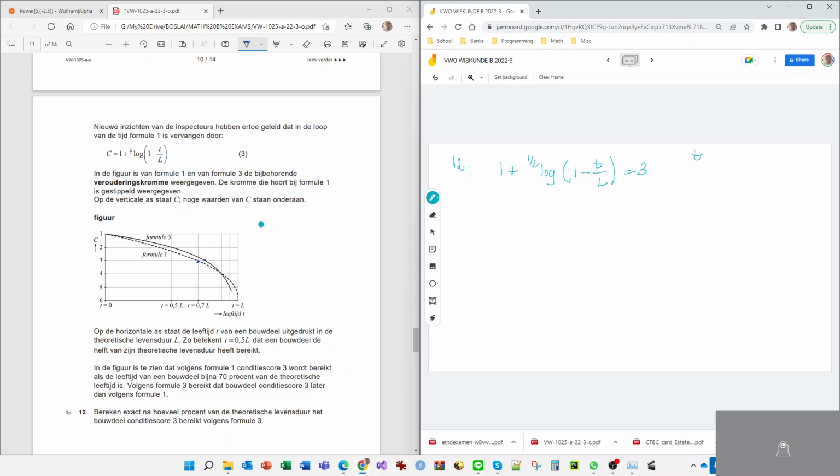And so this solve for t over L, and let's call that A. So I got 1/2 log 1 minus A equals 3 minus 1, is 2.